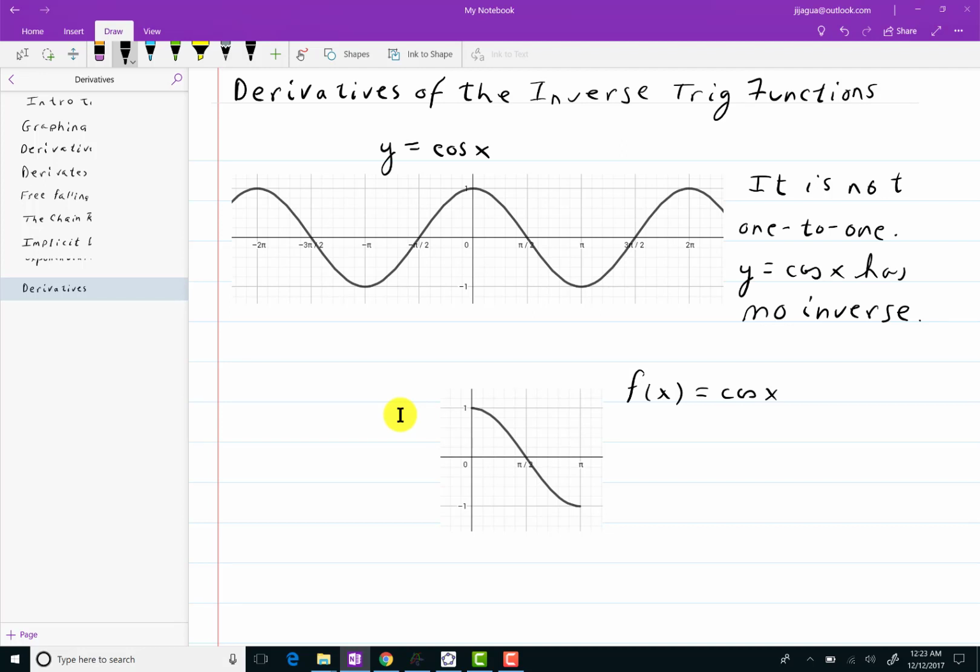So let's put its domain is 0 to pi. Its range is -1 to 1.